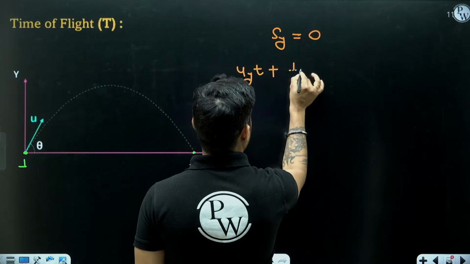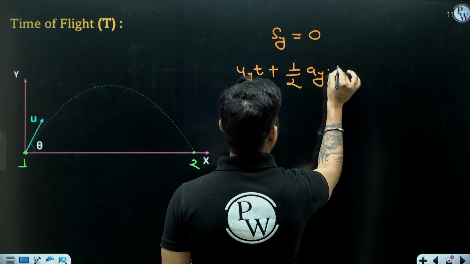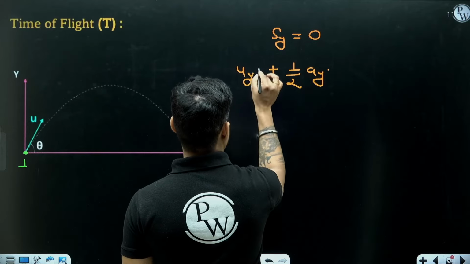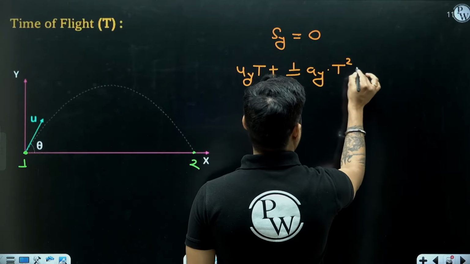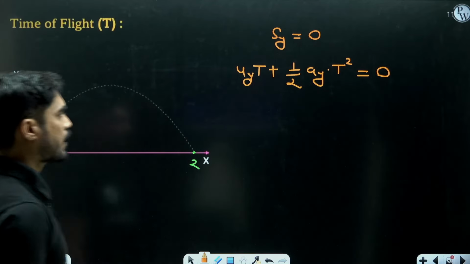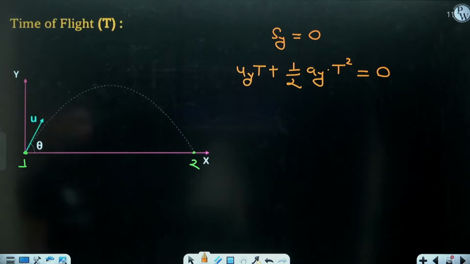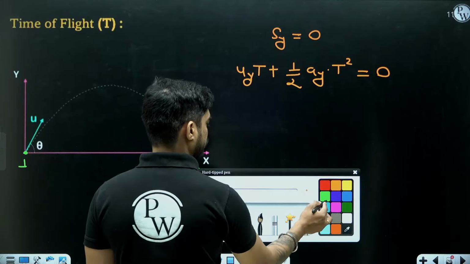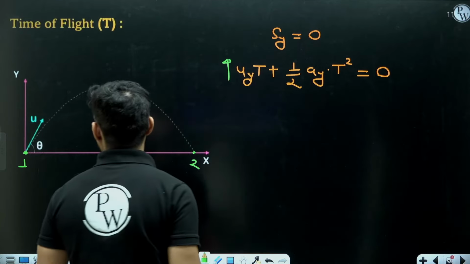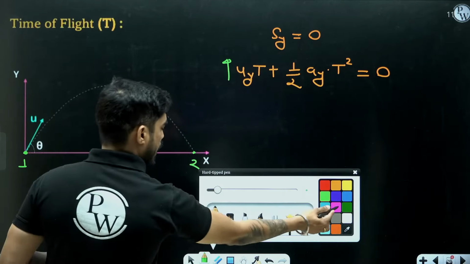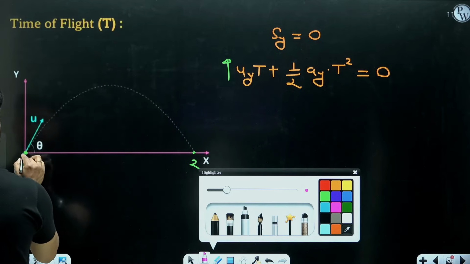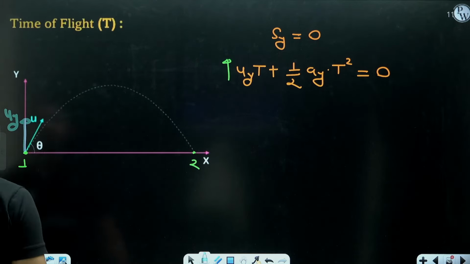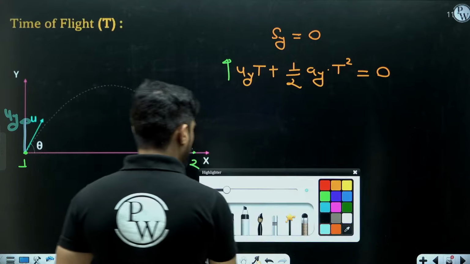What will be the equation of motion? Uy into t plus half ay into t square, right? I should write it capital T. Now uy is upward, and ay is always downward.